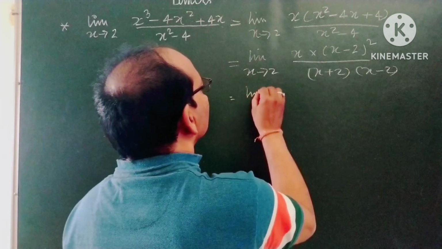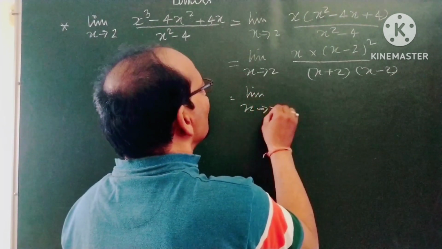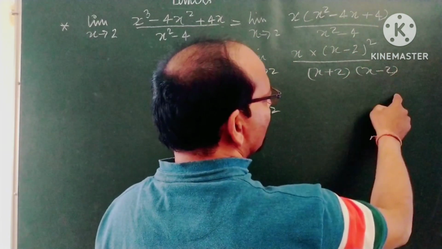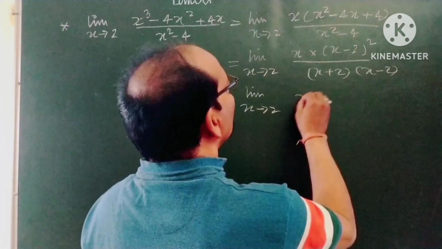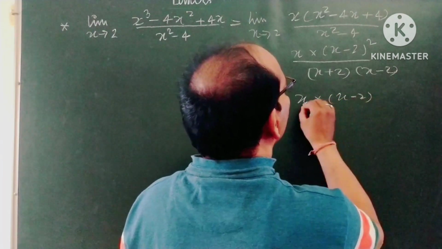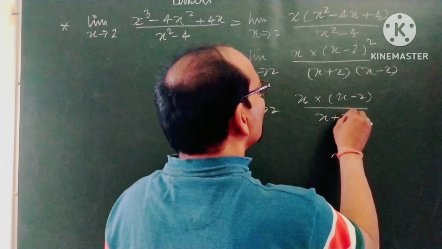Therefore limit x tends to 2, one (x minus 2) is cancelled, so the function will be x into (x minus 2) upon (x plus 2).